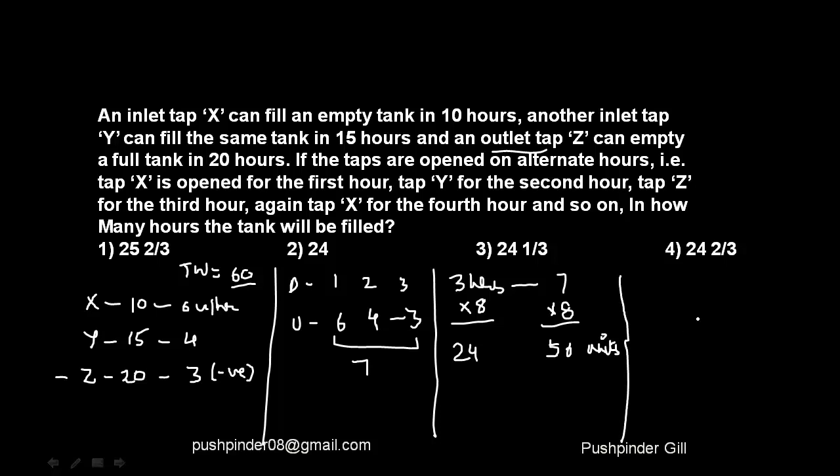And whose turn is it? It's X's turn. How many units is he filling? He fills 6 units in a single hour. So how much time is it going to take? It's going to take 4 by 6 hours, which is nothing but 2 by 3 hours. So 24 hours are taken here, 2 by 3 hours are taken here. So the answer is 24 2 by 3.